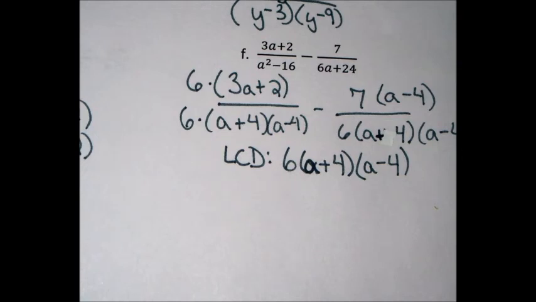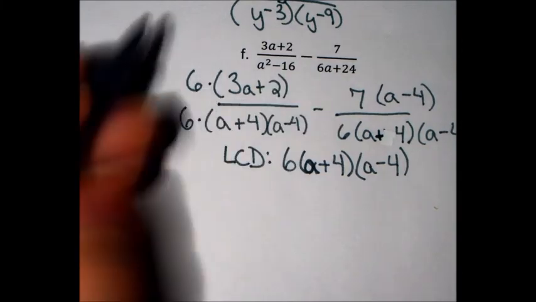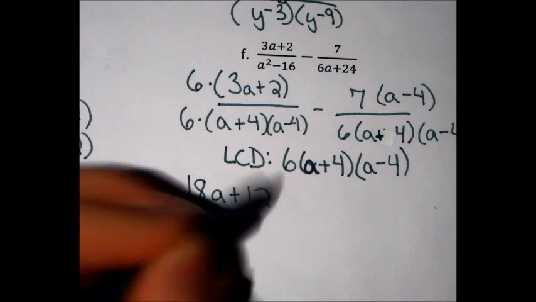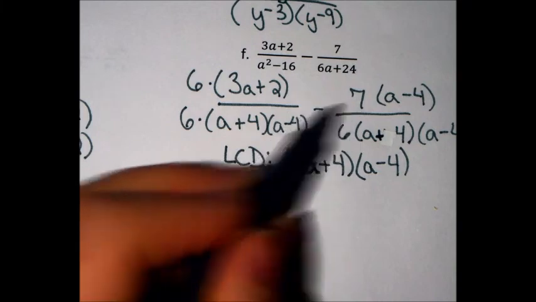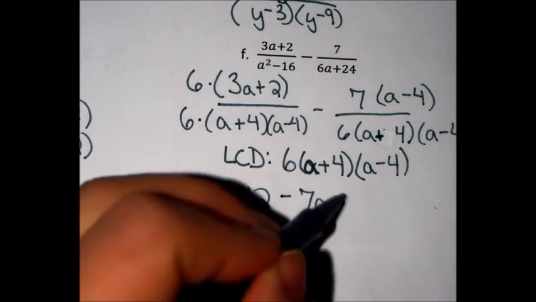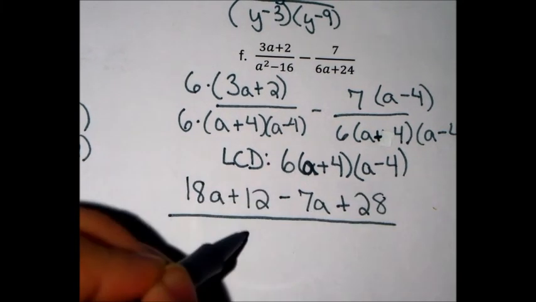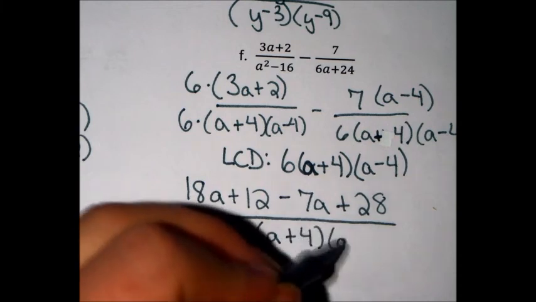So let's take a look at the second one. For the distribution, I have 18a plus 12. And over here, I'm distributing not a positive 7, but a negative 7. So it's minus 7a plus 28, all over my common denominator.